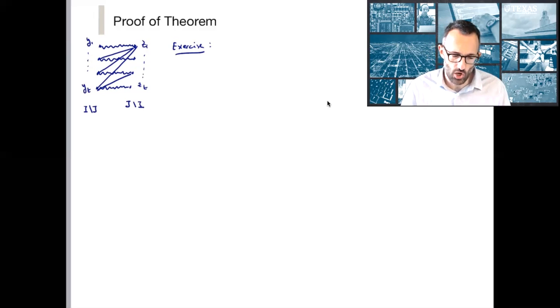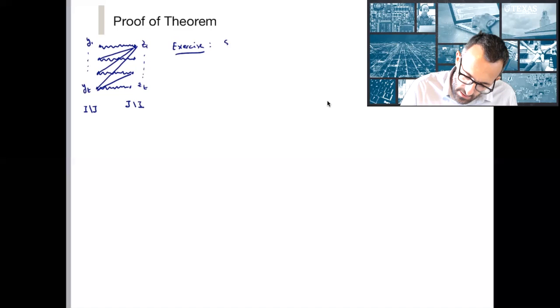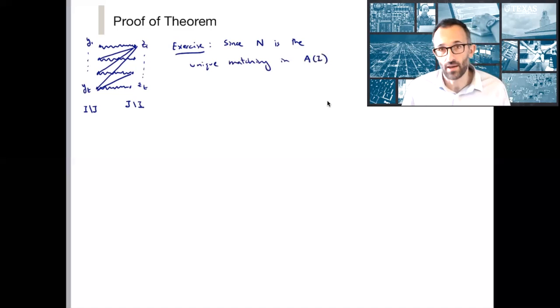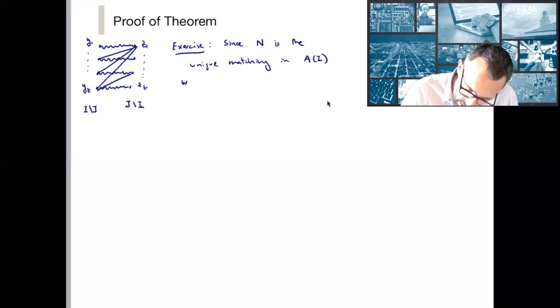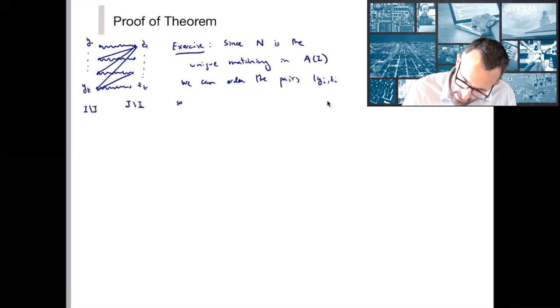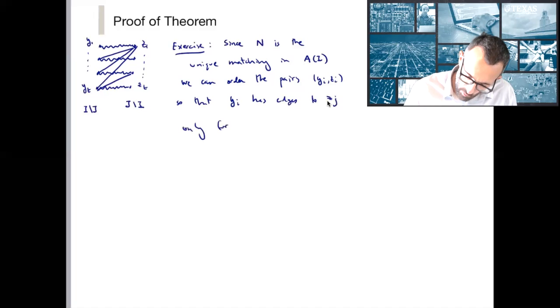An exercise is to show that since N is the unique matching, the only matching in the graph between the symmetric difference of I and J, then we can order the pairs Yi, Zi so that Yi has edges to Zj only for j less than i.